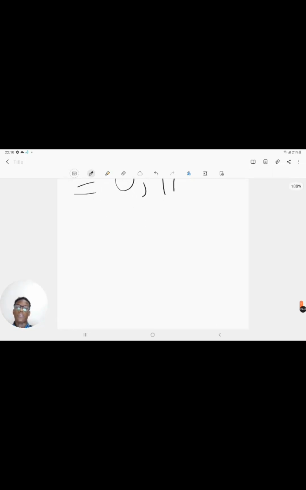Let's do another example. Let's say you've got log of 6 minus log of 3,5. Same thing applies. Remember, if you don't see a base, what is the base? The base is 10. If you don't see a base, the base is 10, but you don't have to write it down.